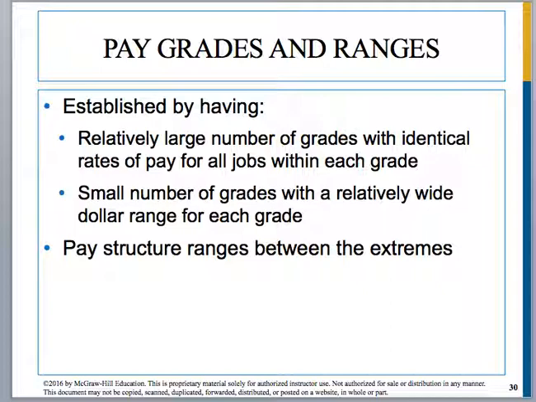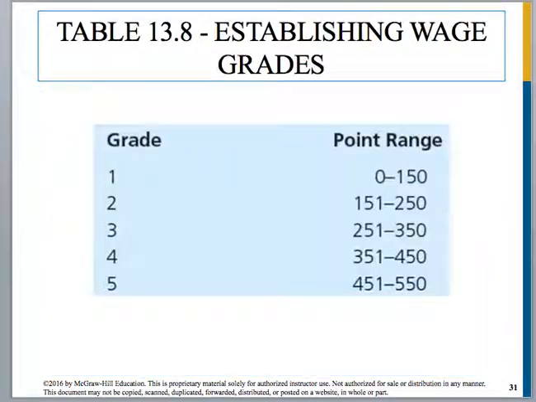So you'll have a small percentage of people with whole jobs that have a large range. That large range could go anywhere from $50 to $100 an hour, right? And then pay structure ranges between the extremes. So it'll actually show you both ends of the scale.